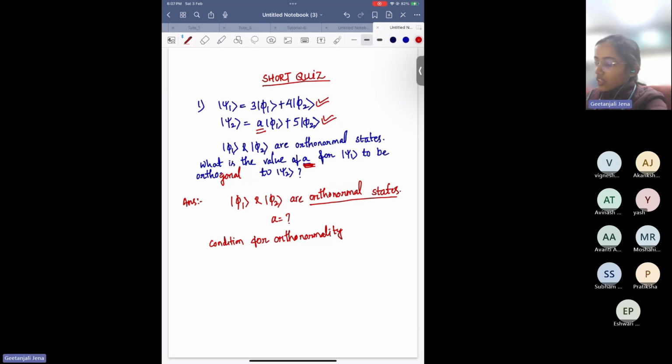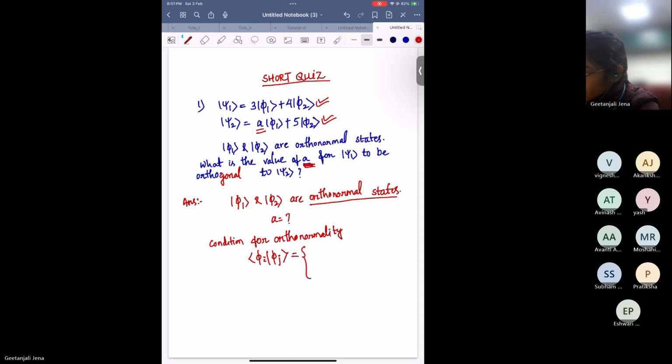Okay, let me solve. The condition for orthonormality is given by this form. If two states are given, phi i and phi j, then the inner product of phi i and phi j will be 1 if i equals j, and it is 0 if i is not equal to j. This is the condition for orthonormality.